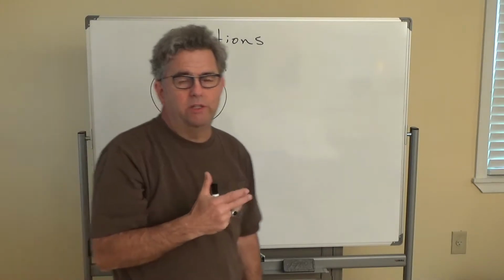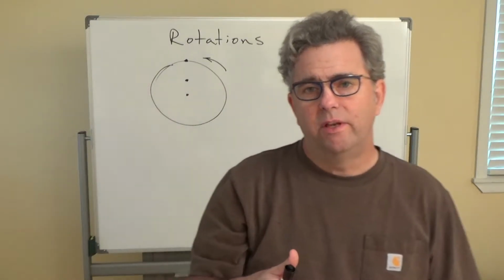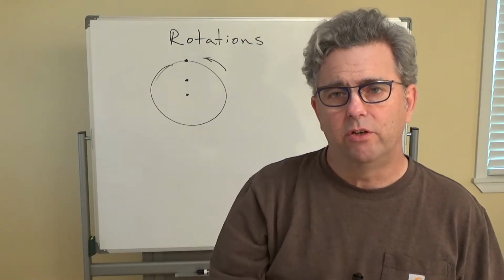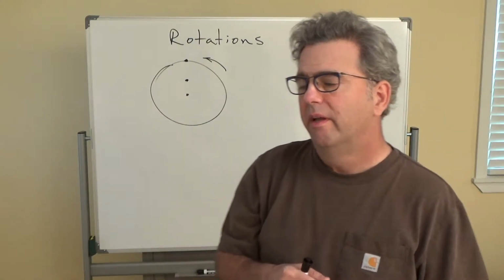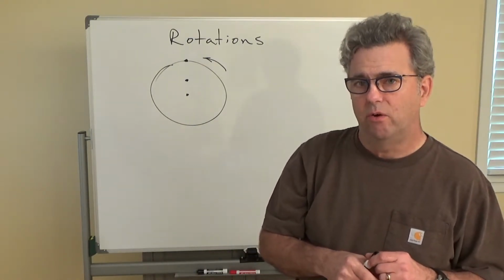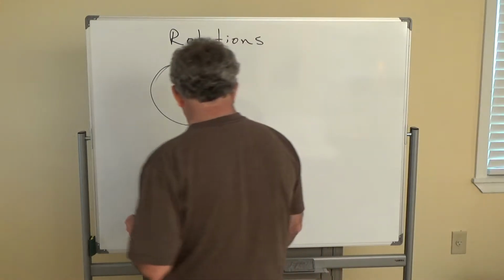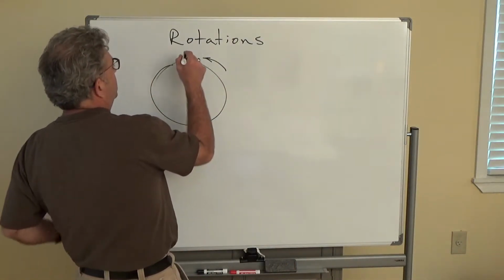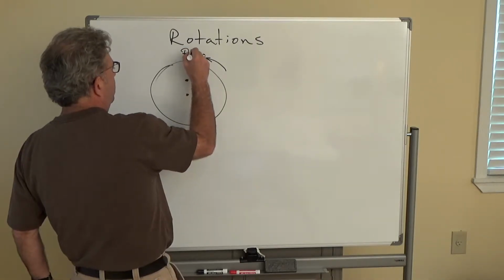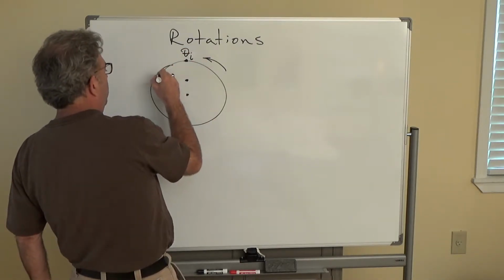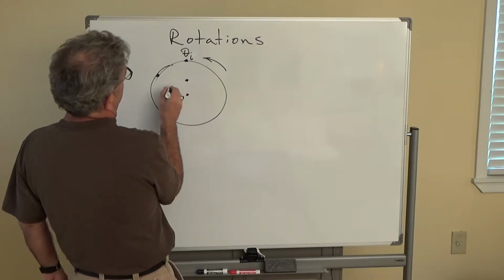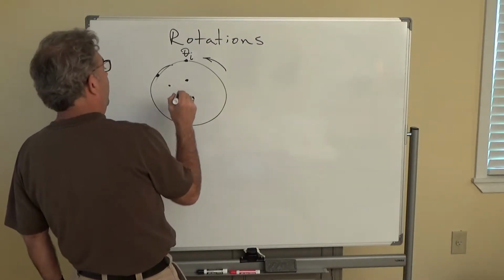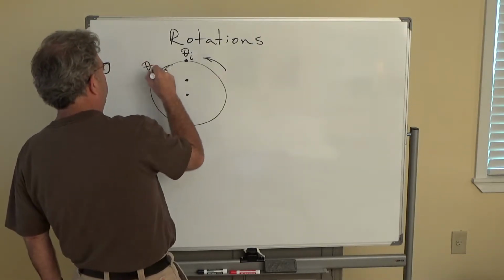But all the points on a rigid body, when it's in rotation, do have something in common. They all pass through the same angle. So these two points, let's say we start here, call this theta initial, and you go over here, and this is theta final.